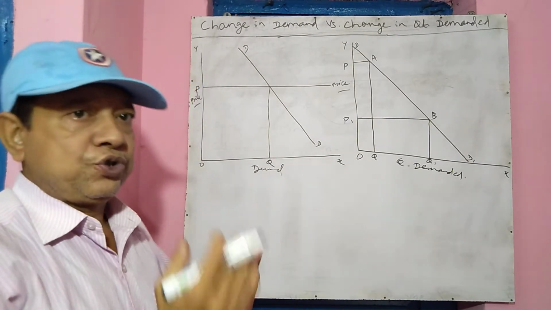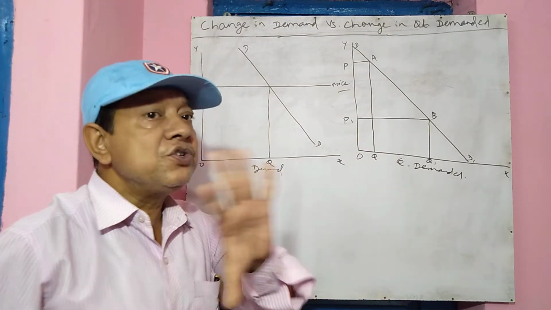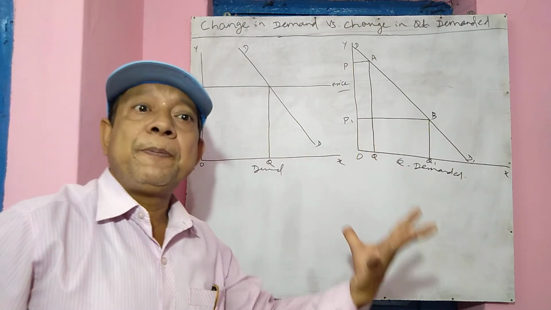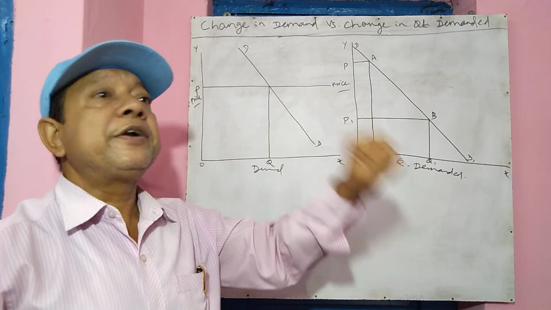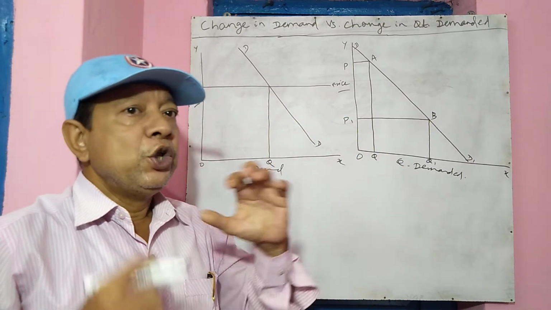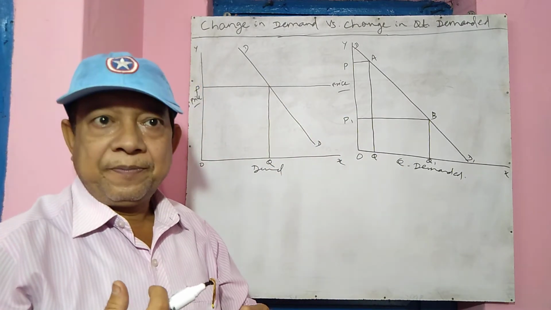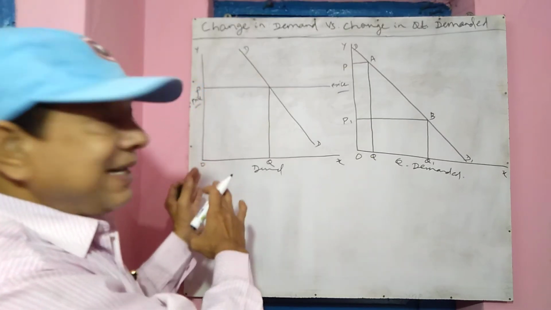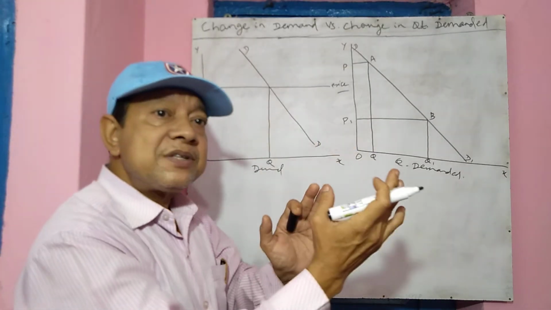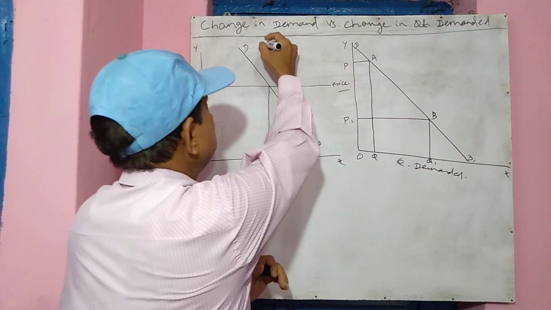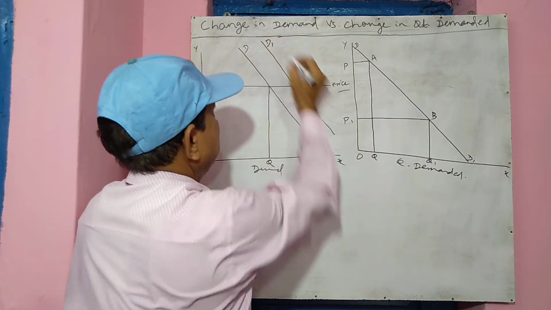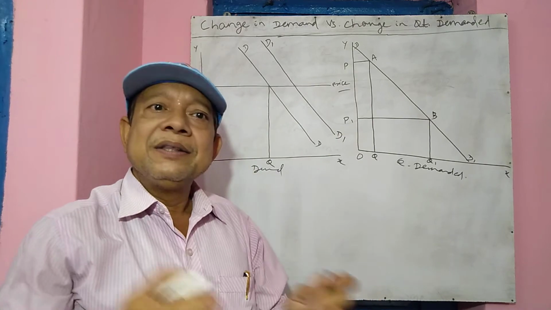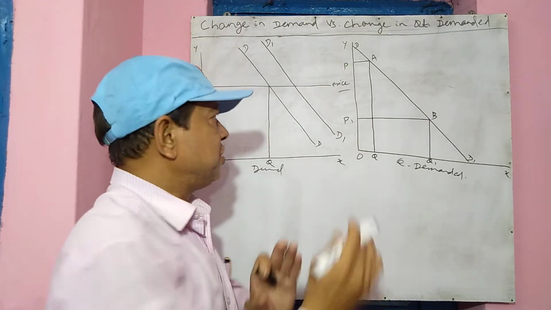Now suppose price remaining constant, price doesn't change. The fashion of the people changes, the taste changes, the habit changes, or the price of related goods changes. So naturally you will have a change in demand. If in that case the demand increases or expands, the demand curve will shift to the right, D1, indicating that demand increases.